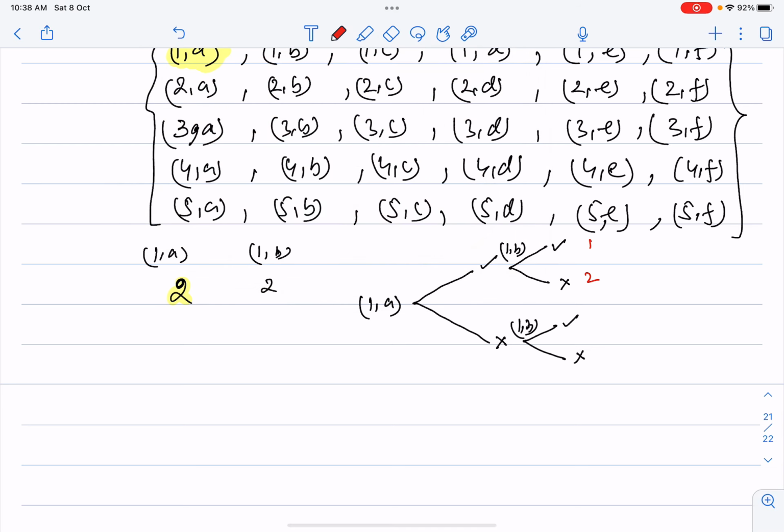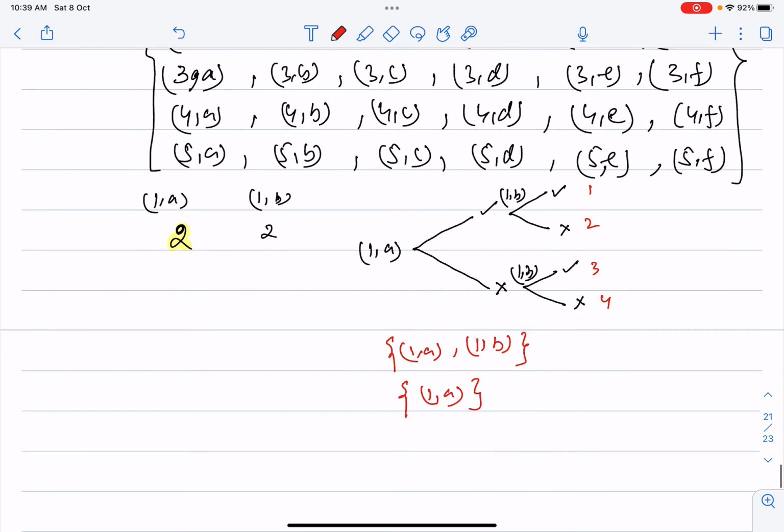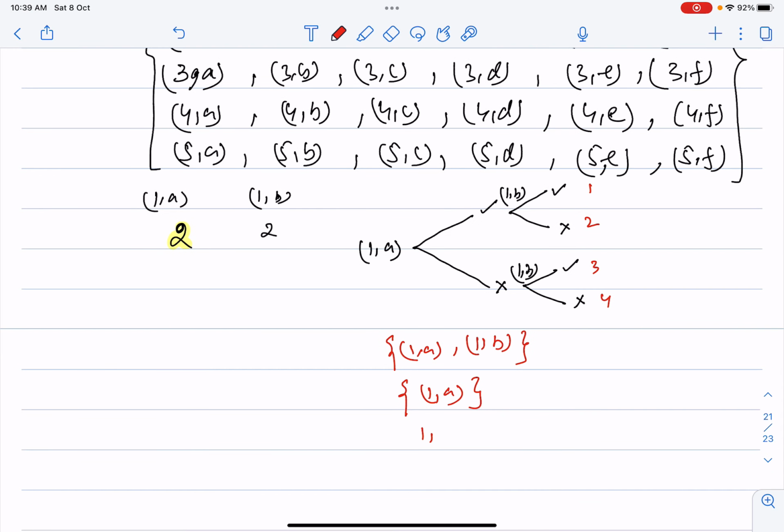We can write: 1 comma a and 1 comma b is one relation. Second relation is only 1 comma a, with 1 comma b not there. Then only 1 comma b, and last, neither 1 comma a nor 1 comma b is there. So there are four relations.